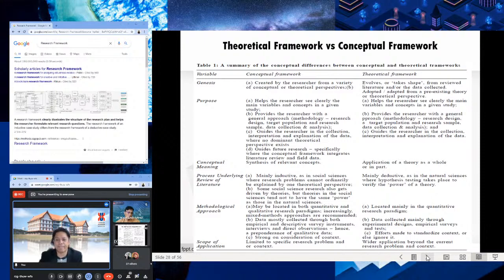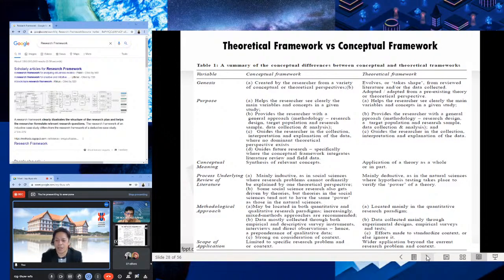But for the theoretical framework, they normally look at scientific research or technology-based work, because they have theories beforehand, and the relevancy of the theory is more important.